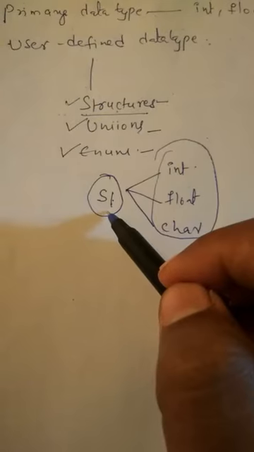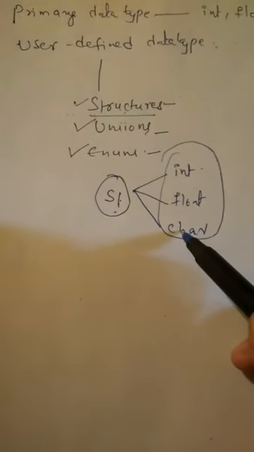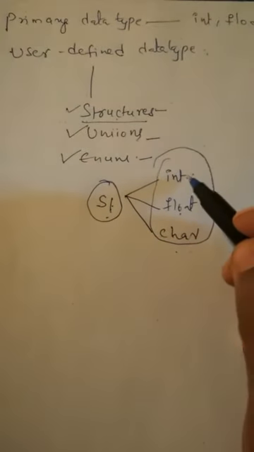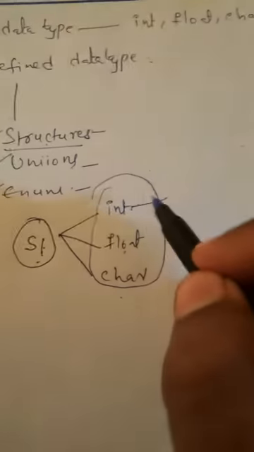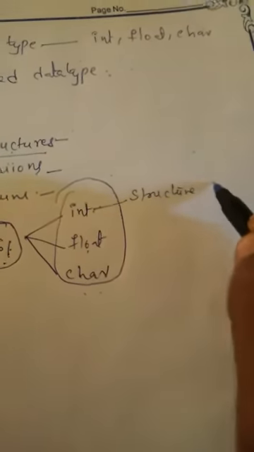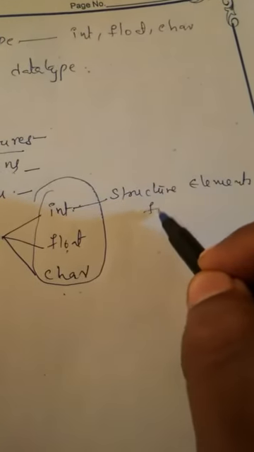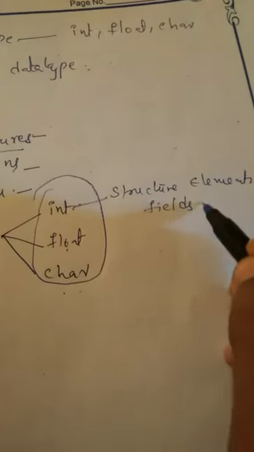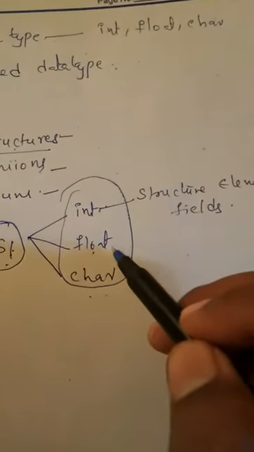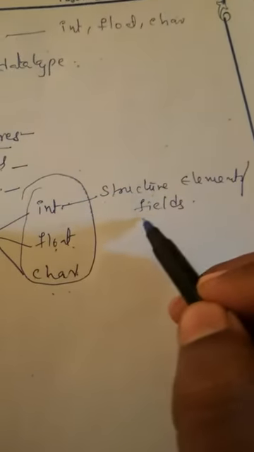In one structure variable, we can store different types of data, and these different data types are called structure elements or structure fields.